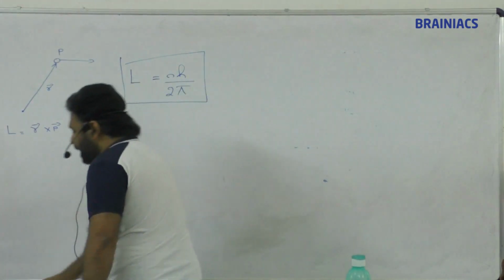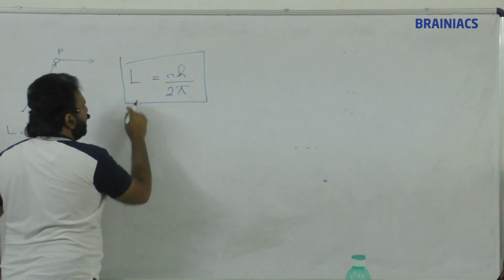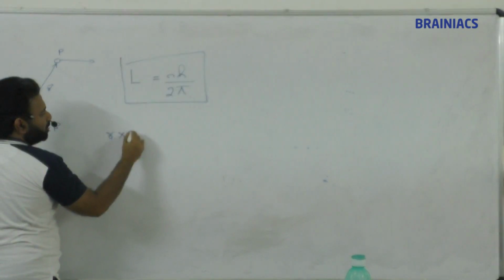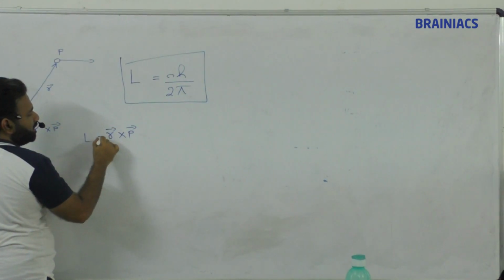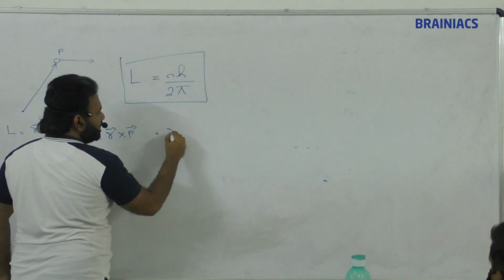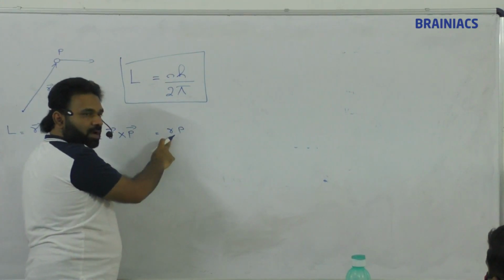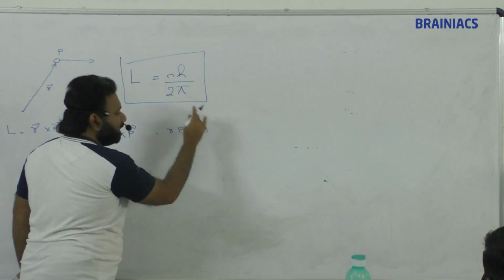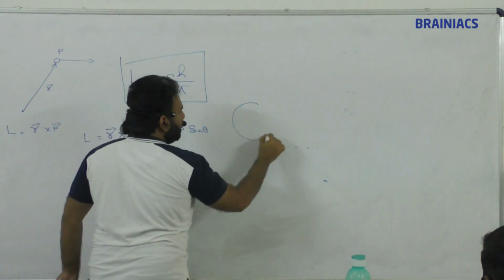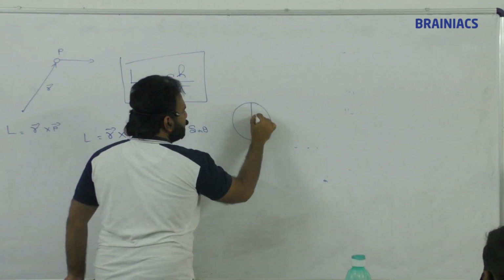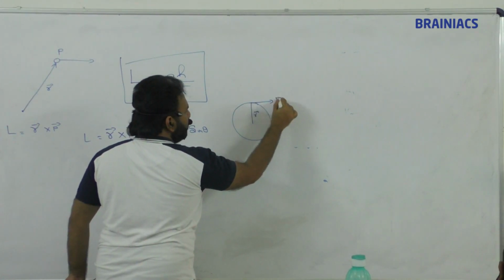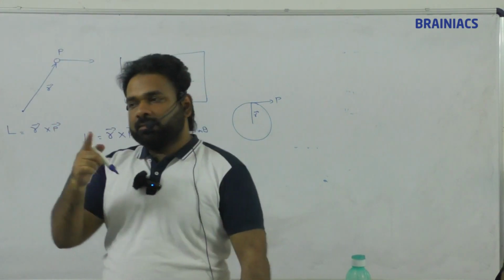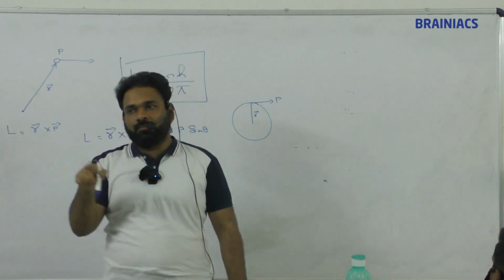So I can write L is nothing but R cross P, and this is nothing but the magnitude of R, magnitude of P into sin theta in circular motion. This is the radius vector. What is the direction of velocity at that particular instant in circular motion?